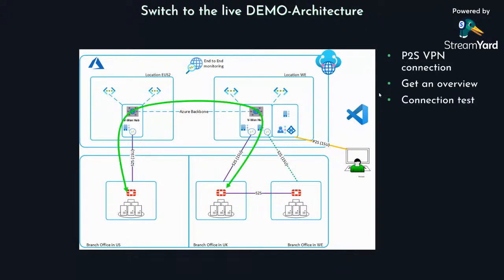Then we go ahead and test branch-to-branch connectivity over two regions. Then also a connection to my point-to-site VPN. And I want to show you connectivity from the monitoring perspective. And at the end, I want to show you the automation perspective.